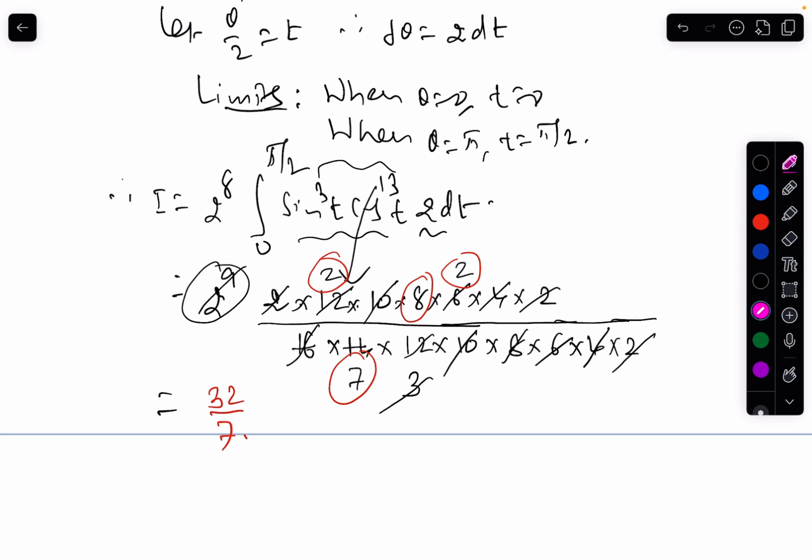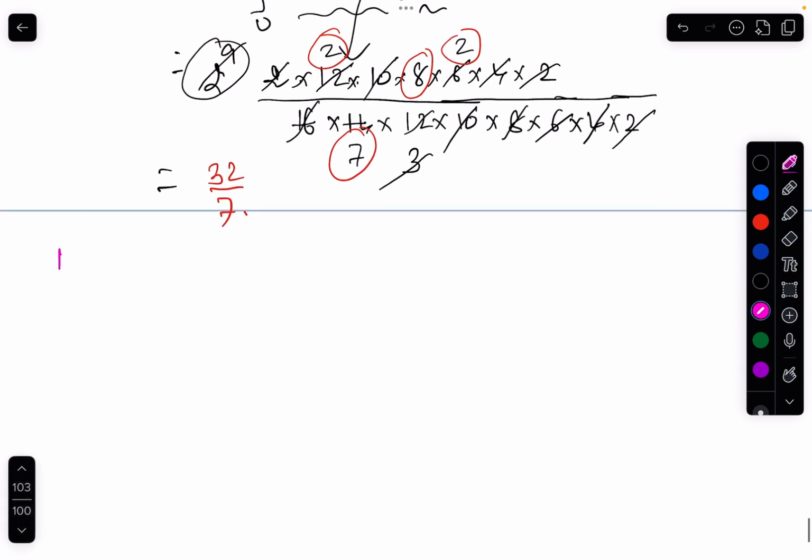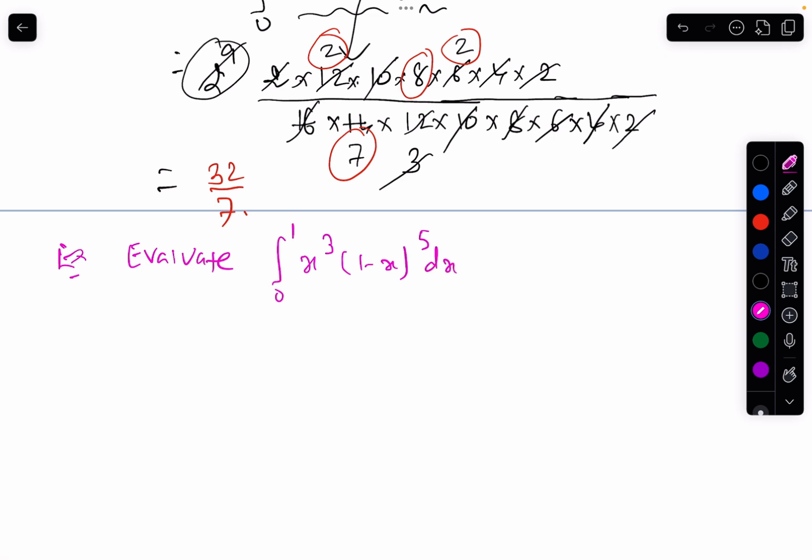Next, evaluate 0 to 1 x power 3 into 1 minus x power 5 dx.